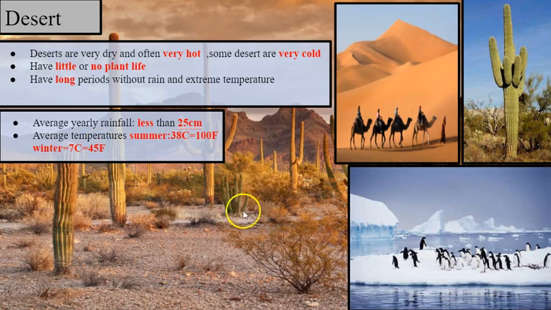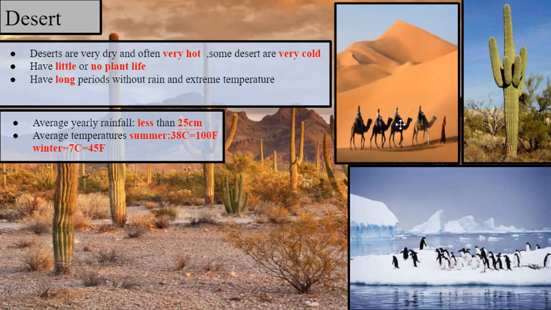Now, if we look at the images, such as this picture right here in the back, this is a very good depiction of what a typical desert might look like. It has many different types of cacti, and we can see another image of a cactus right over here, as well as a sand desert right over here in this picture. And in this sand desert, we can see some camels.